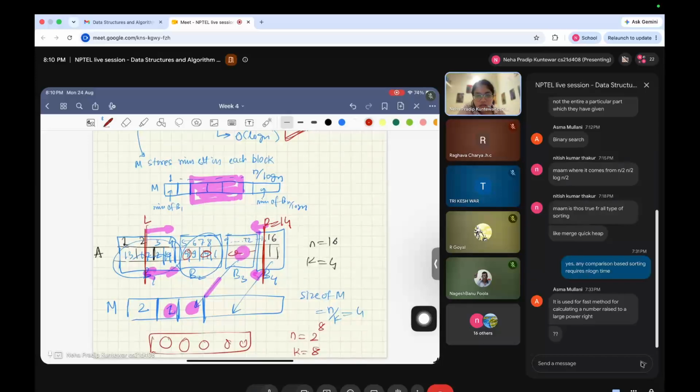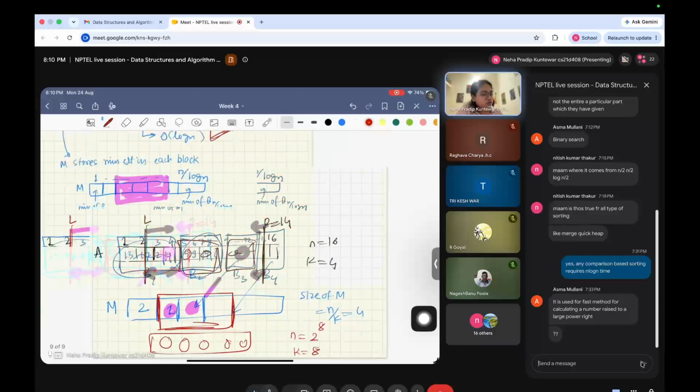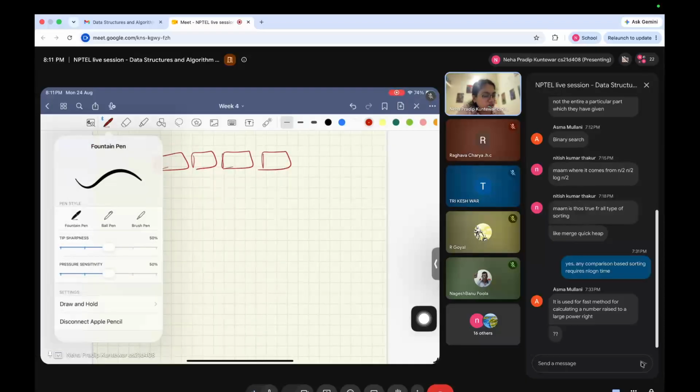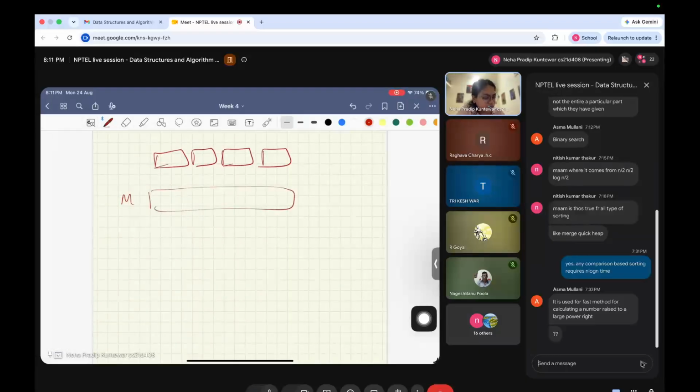So what you are essentially doing is, instead of finding the minimum of this, you're basically finding a minimum in this block. If these were the blocks whose minimum I were to find, I'm just going to look at M, at their corresponding values.